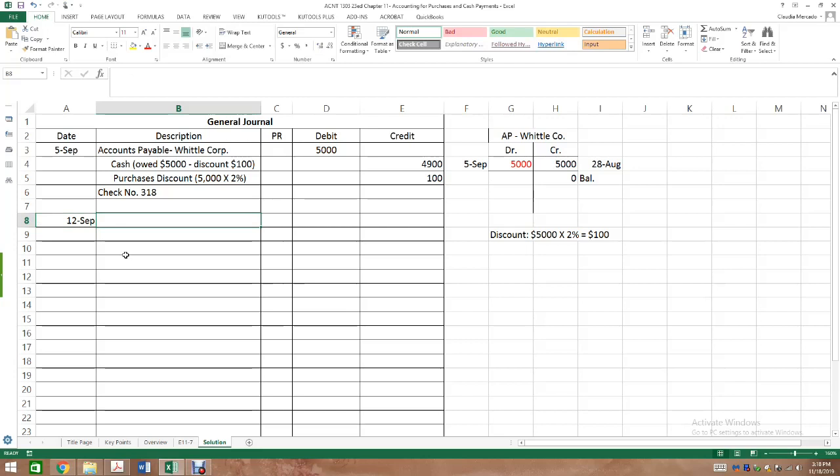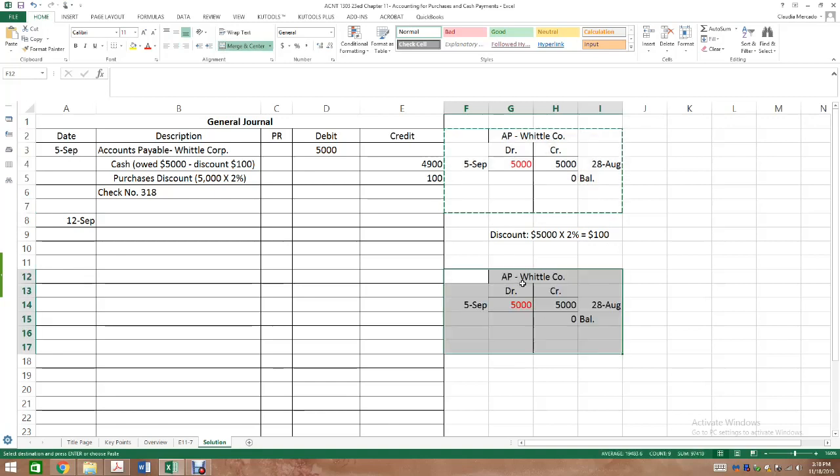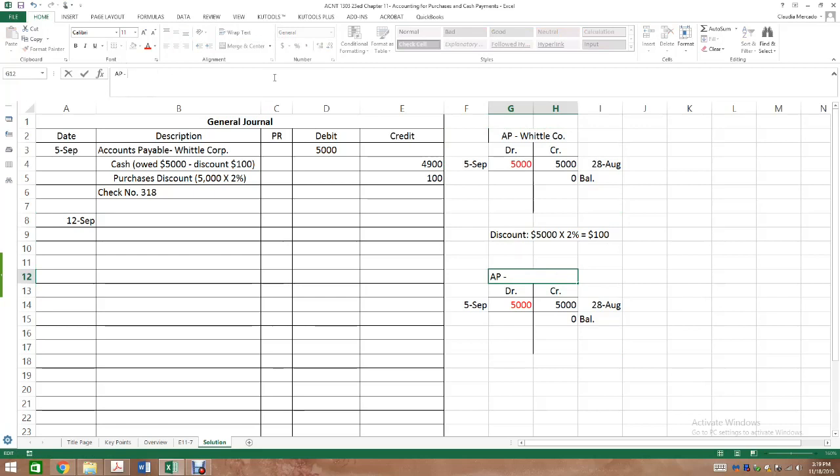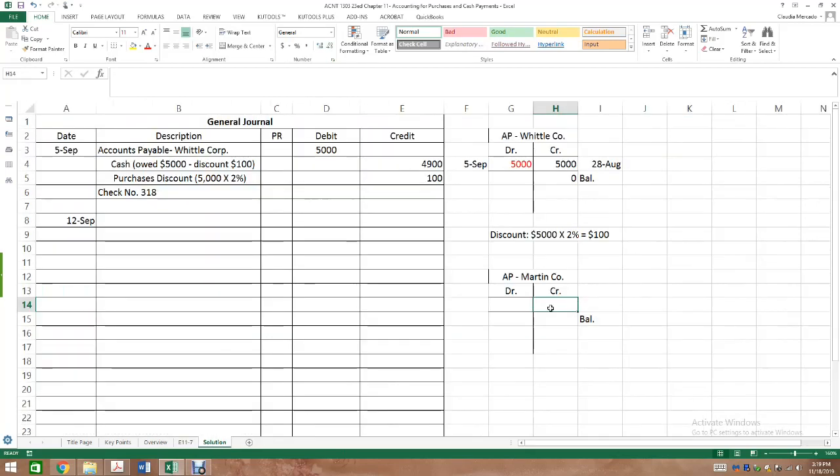So, once again, let me copy this over down here. I'm going to have my accounts payable, but this time it's for Martin Company. And what happened here is I bought $8,500.